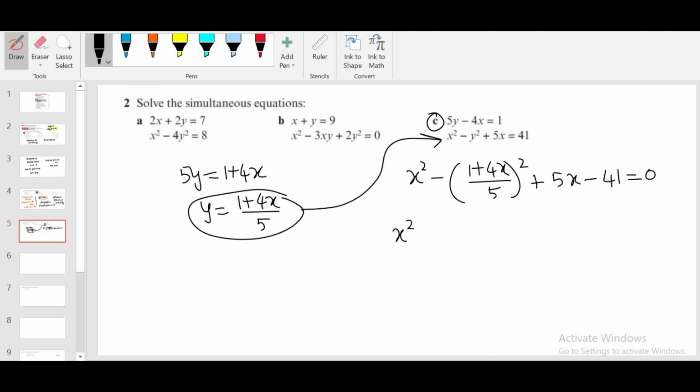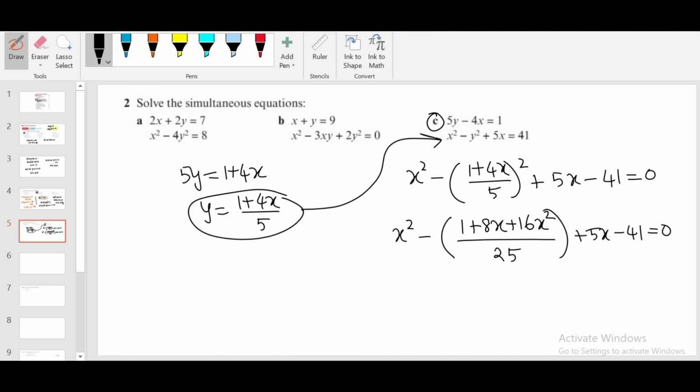So we'll get x square minus, square this separately. On top you will get a square plus 2ab plus b square. If you don't know this identity, write it as (1 plus 4x) times (1 plus 4x) and expand the bracket and simplify. So divided by 5 square, which is 25, plus 5x minus 41 is equal to 0.